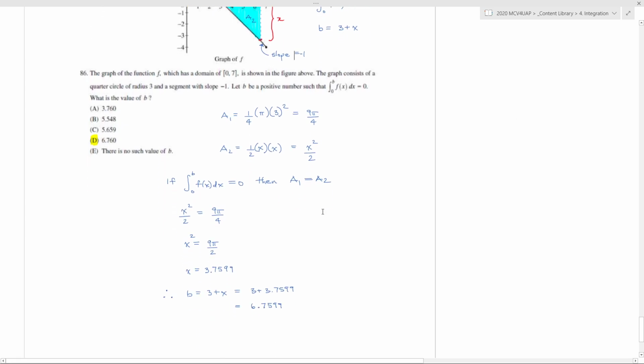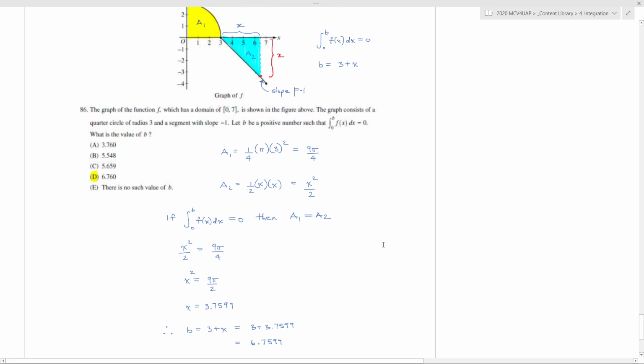So I can solve that for x, and I get x is 3.7599. That doesn't mean that b is 3.7599. Okay? x is the distance starting at 3 and moving to the right. So x is a distance of 3.7599, which means b, the upper limit of our integral, is 3 plus that.